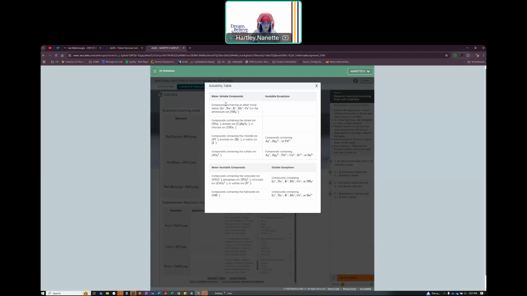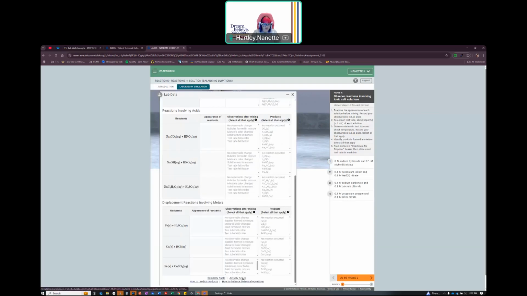So that NaNO3 should be soluble. It also says the compounds containing the nitrate ion are soluble. So that one should be soluble. Now the other thing I see, if I keep looking down here, is that OH is in the water insoluble compounds. And I don't see anything that says that nickel is an exception. So that nickel hydroxide should be insoluble.